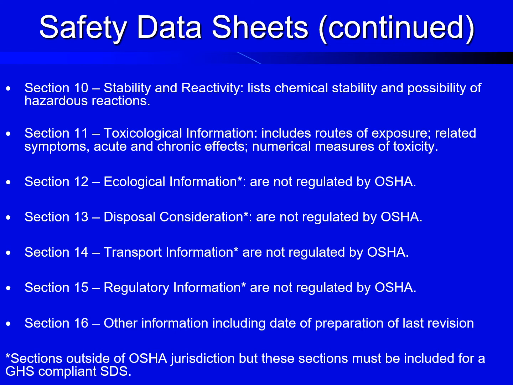Section 16, other information, including date of preparation or last revision. Sections outside OSHA's jurisdiction, but these sections must be included for GHS compliant safety data sheets. So that covers sections 12 through 15.